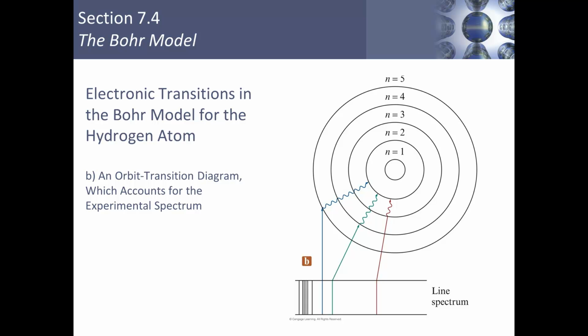We can see the transition from n equals 2 to n equals 1 gives off our red wavelength of light. Our transition from n equals 3 to n equals 1 gives off our green. And our larger transition is going to give off our higher energy wavelengths of light.